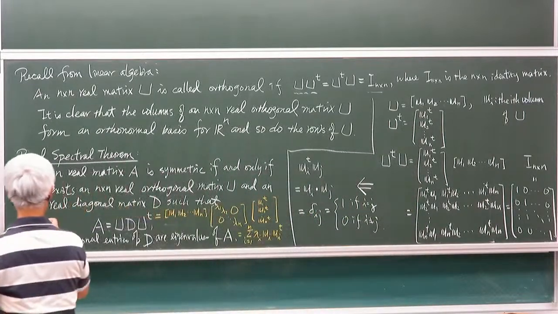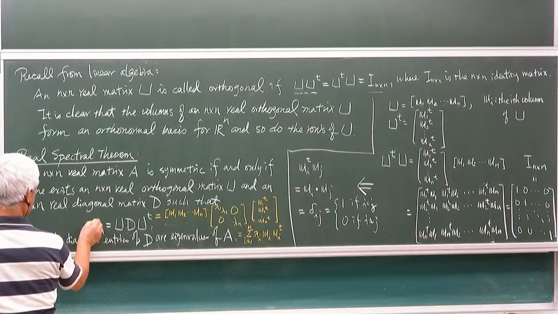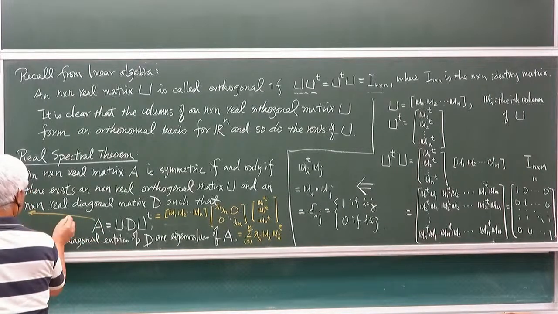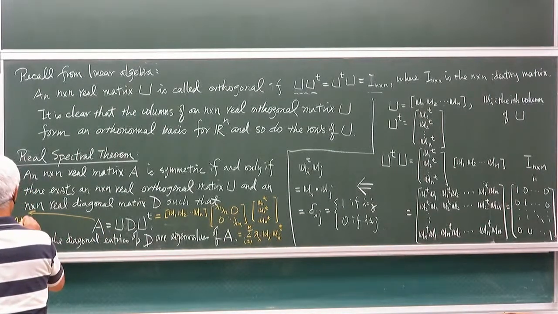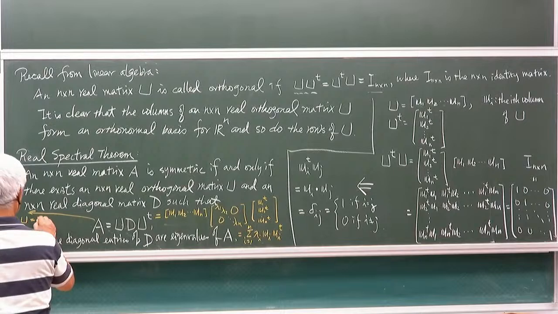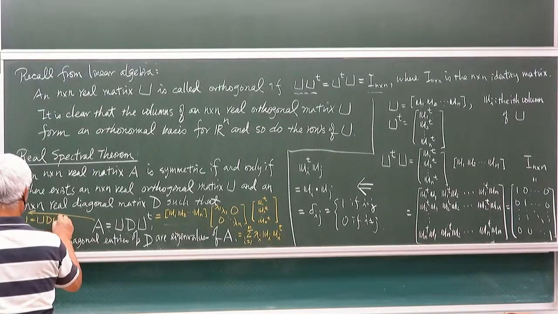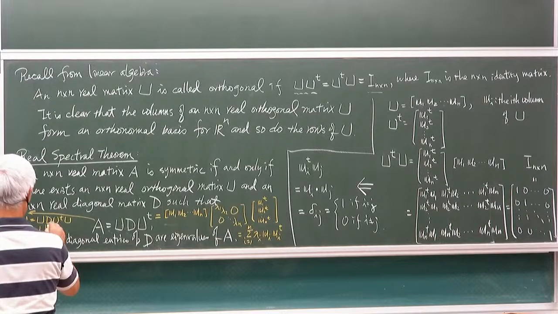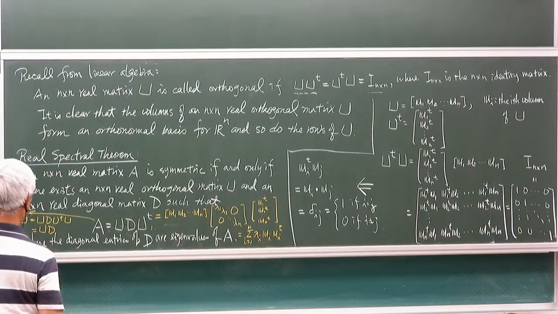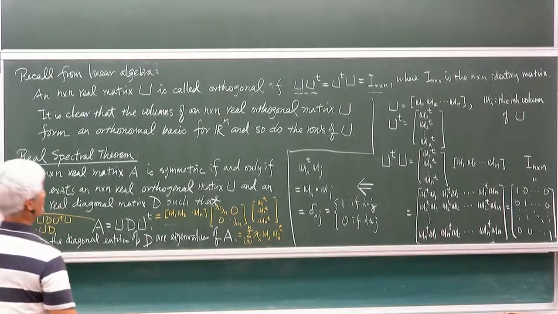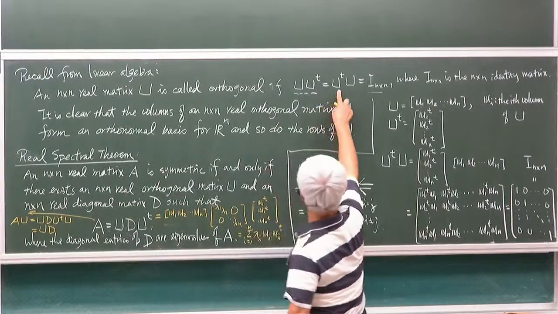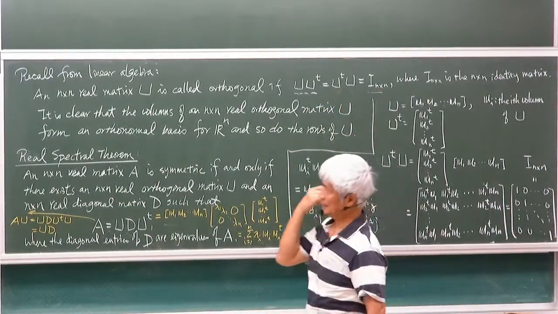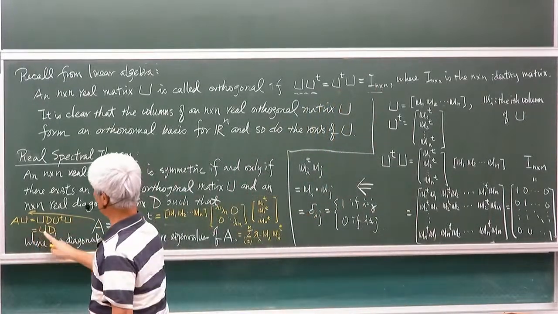Also from here we know that A U equals U D U transpose U, so this is UD, because U transpose U equals identity. So AU equals UD.